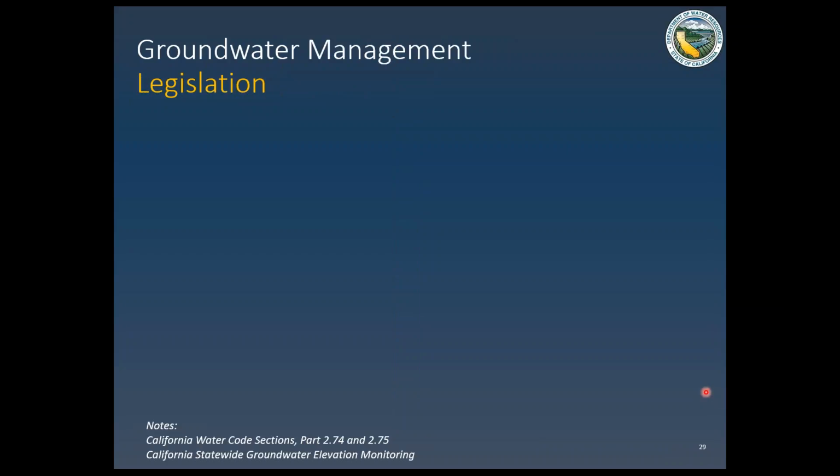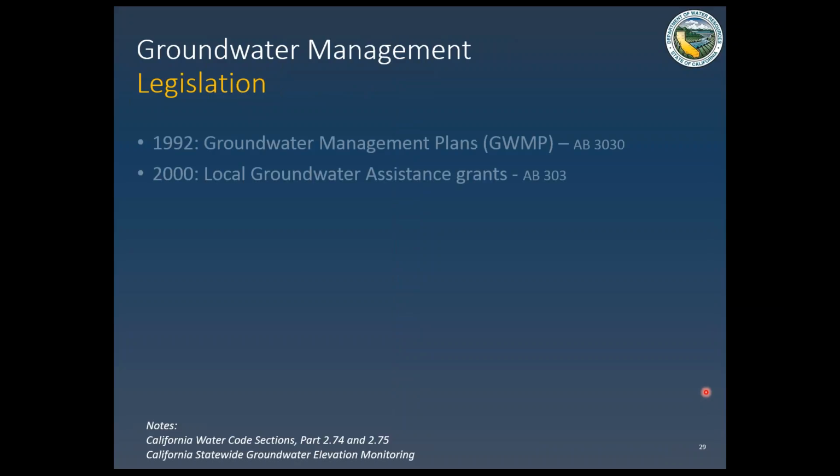Legislation. Over the last 25 years, there've been various sections of legislation that were adopted, and you could pretty much group them into three sets of legislation. The first being the original AB 3030, which was basically voluntary groundwater management.